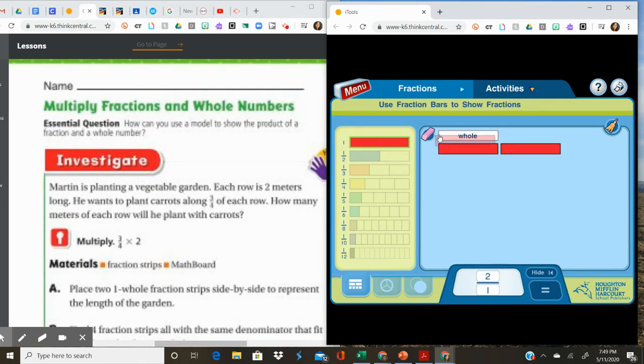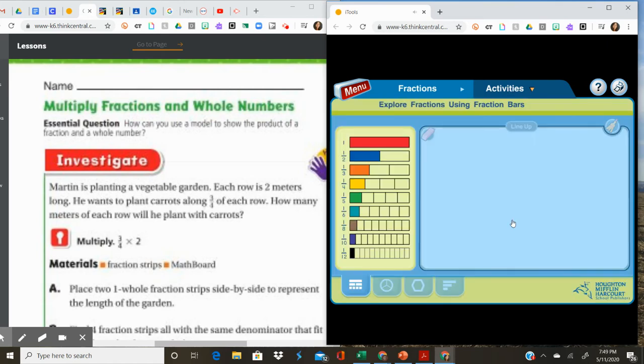I need to be over in Explorer. I'll see if I can mute this. Okay, there's one, and we're going to line this up. There are 2 fraction strips, so this is representing 2 whole meters.